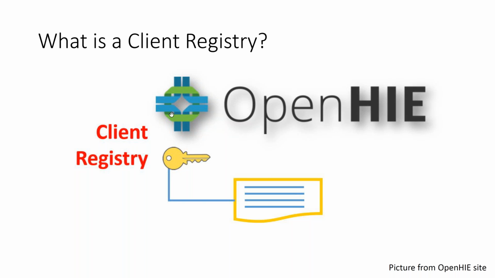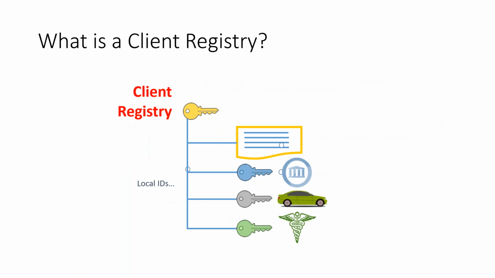As you can see in the illustration, we have here a golden key. This golden key will be associated to one patient, and each patient will have demographics data. This demographics data can be composed of different fields depending on the implementation for every country.